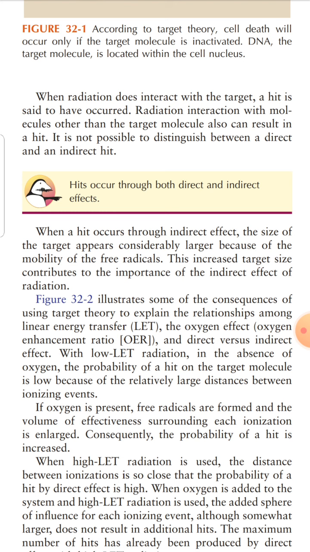It can happen with molecules other than the target molecules, but it is not possible for us to distinguish between the direct and indirect hit. And further we talked about the direct and indirect hits as well, and we studied that there are two phenomena by which the hits occur, and it also depends on the linear energy transfer and the oxygen effect.